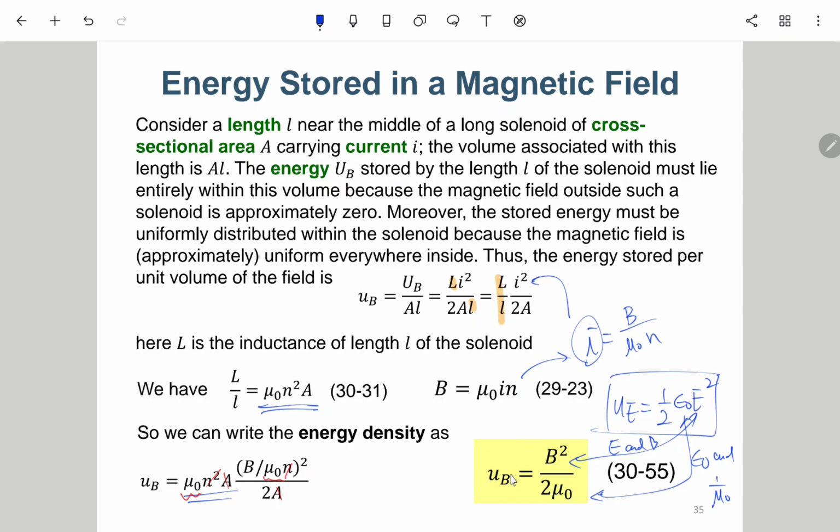It becomes the B field version of the energy density.